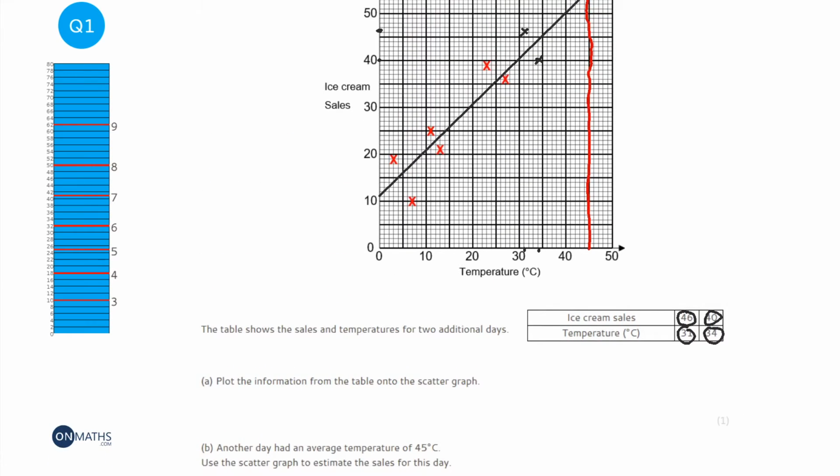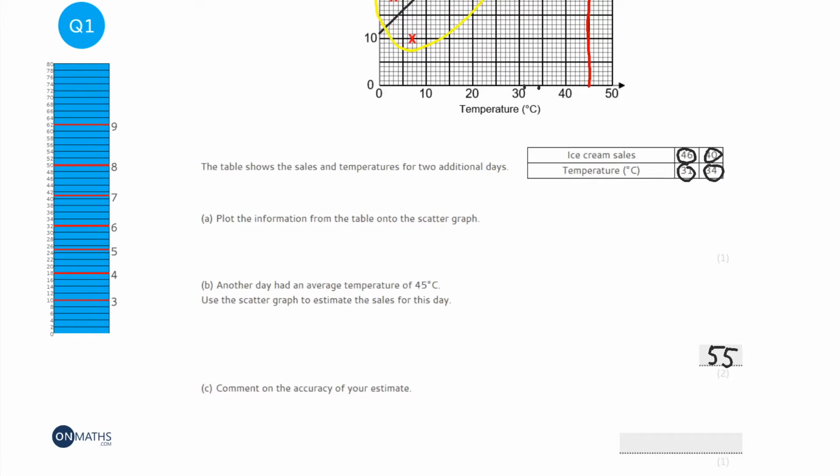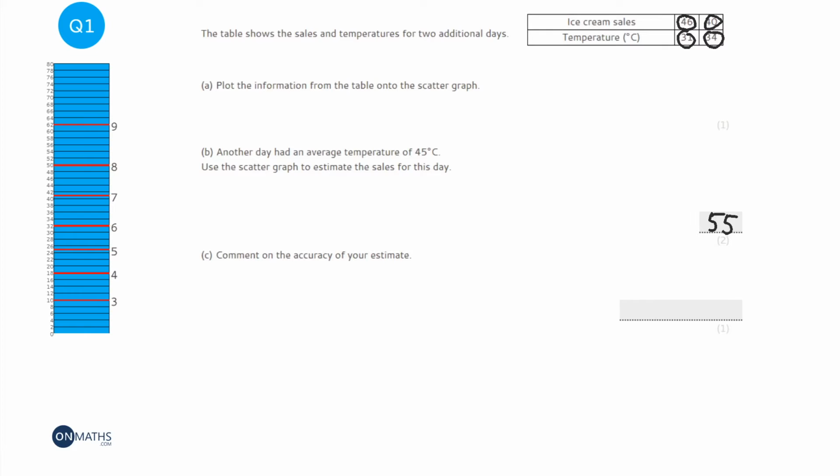Now, what do we notice about this? Well, look at where all the data is. All the data is here, and yet we're estimating outside the range of the data. It's called extrapolation where you do that. So the problem with that, if you imagine we do a graph of height against age, so we have age at the bottom and height up the side, then when you're very young, you grow quite quickly.